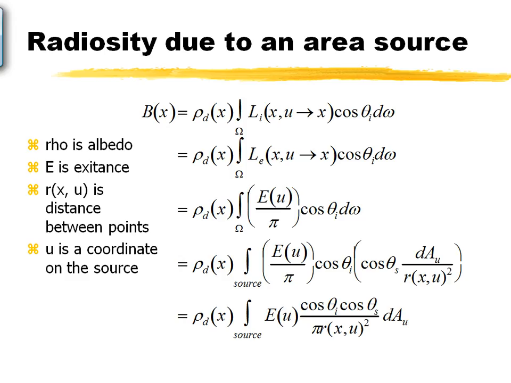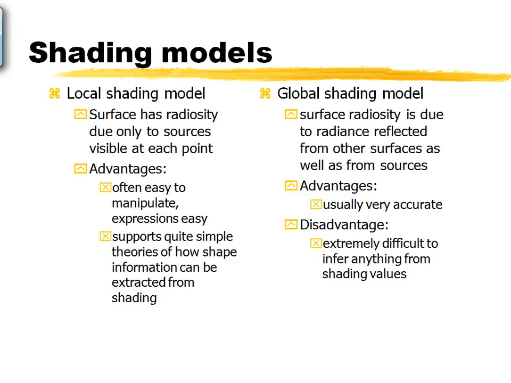So you have cos of theta I, cos of theta S. So those define the angles between the area source and my object that's getting illuminated. And you still have a normalizing factor, which is defined as pi r, r being this function that's actually the function of the area.